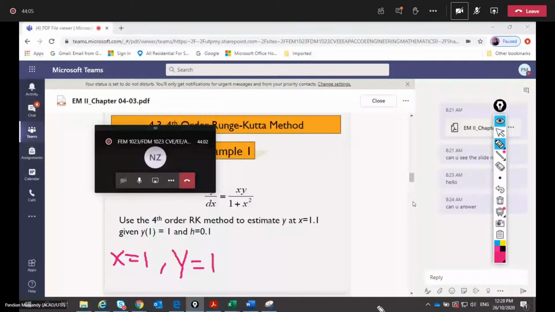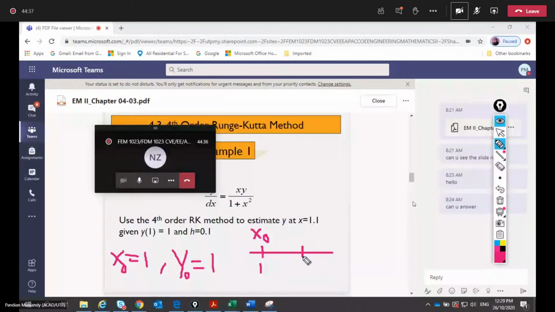So if you draw a straight line, x starts from 1. This is what we call x naught. Normally they don't write it, I don't know why, but it's important. x naught means the initial condition. This is x naught, this is y naught. So start from x naught, y naught equals 1. h is 0.1.